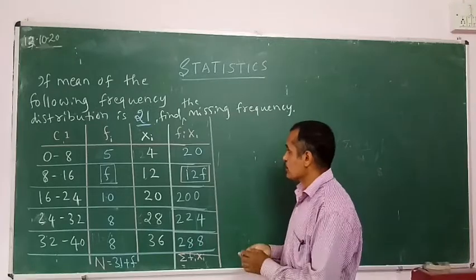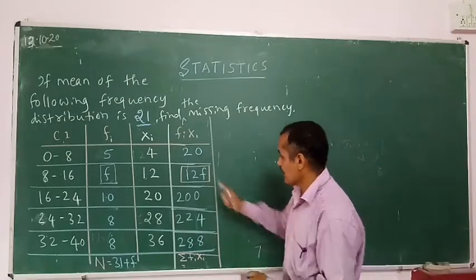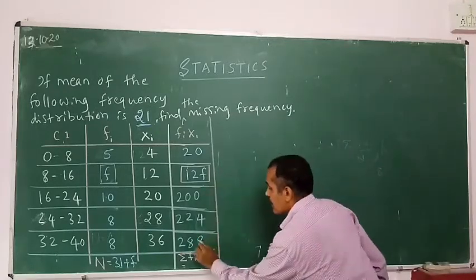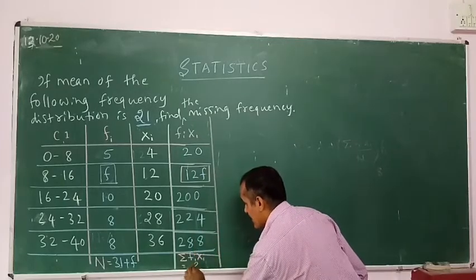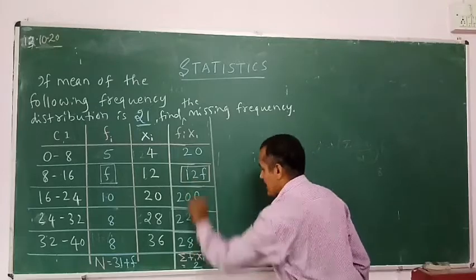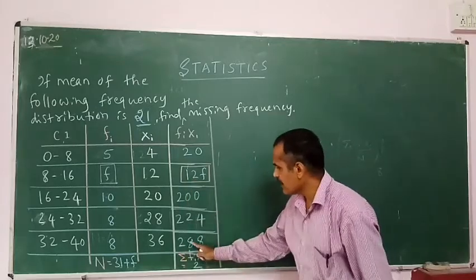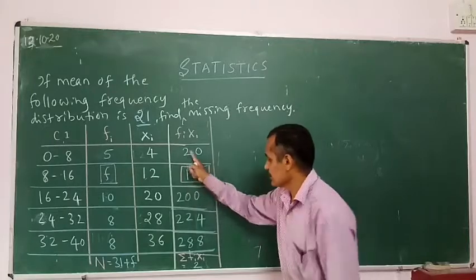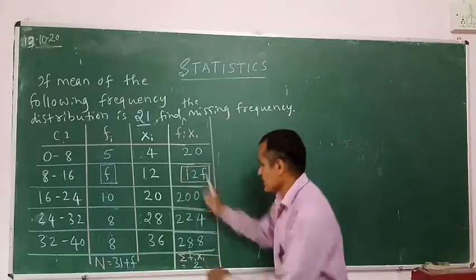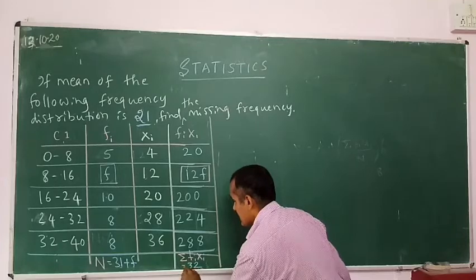Separately it has to be added. So let me add excluding this. I will start. 8 plus 4, 12. Carry on. 9. 9 plus 2, 11. 11 plus 2, 13. Carry 1.